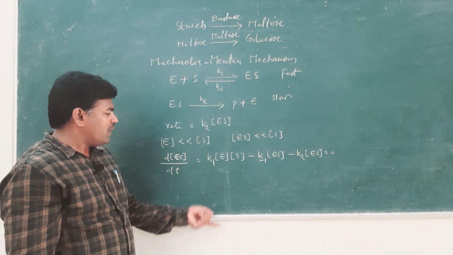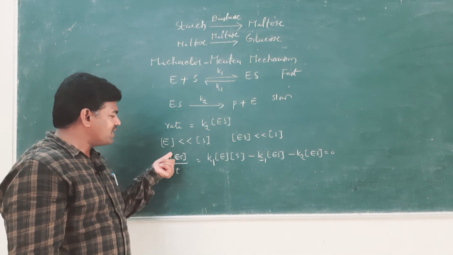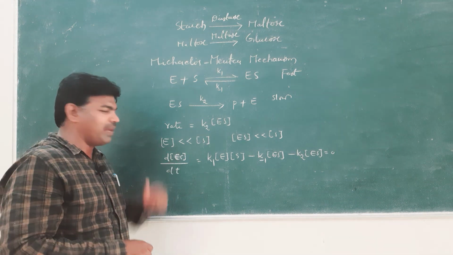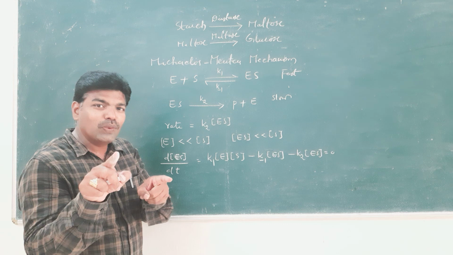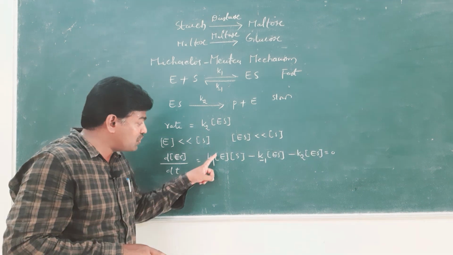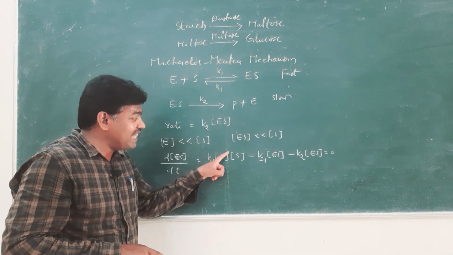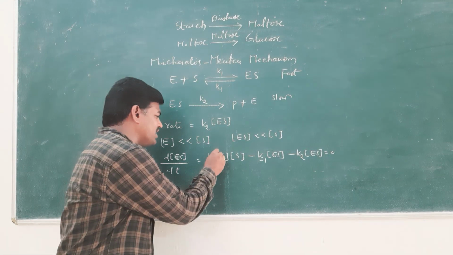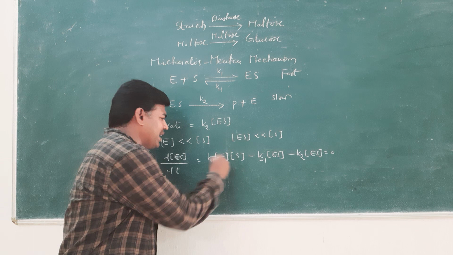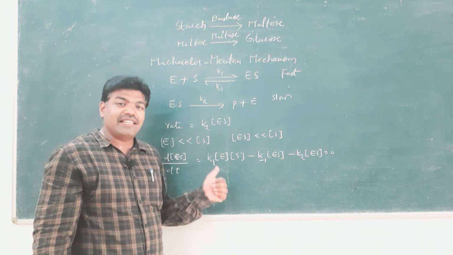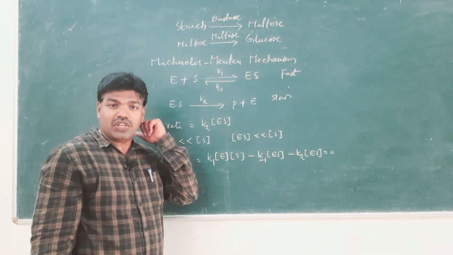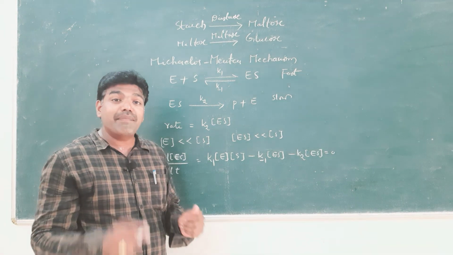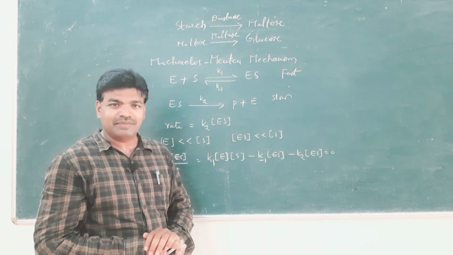Okay. So, in order to get the concentration of the enzyme substrate complex, we need to substitute the enzyme concentration, that is concentration of E. But the concentration of E, that is free enzyme concentration, cannot be measured experimentally.